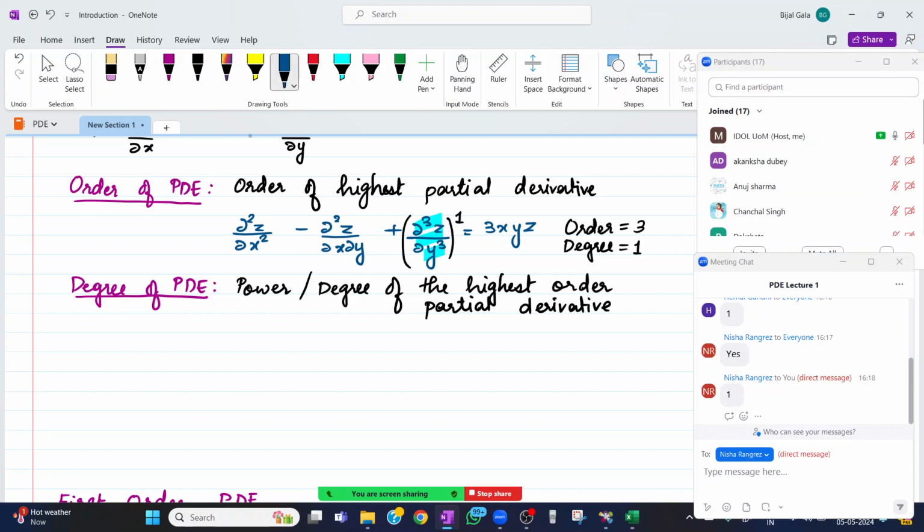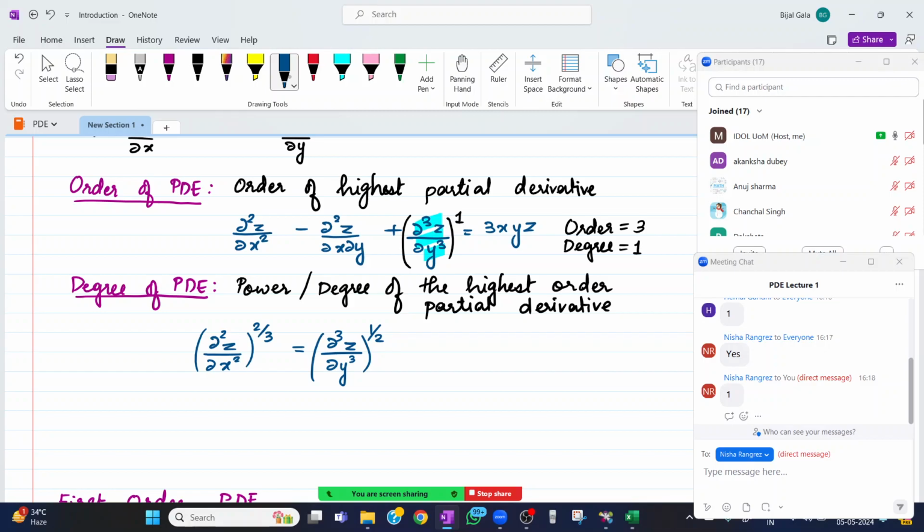So let's look at another example here. Say (∂²z/∂x²) the whole raised to 2/3 is equal to ∂²z/∂y², or let me take this as, okay, the whole raised to 1/2.